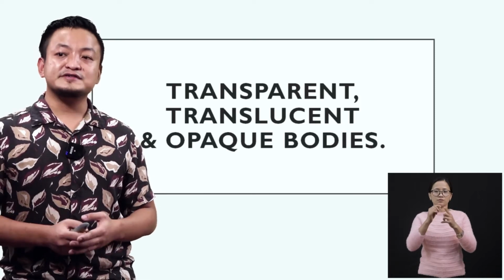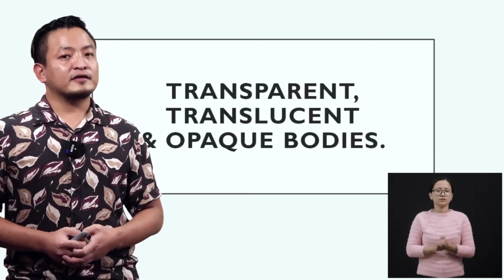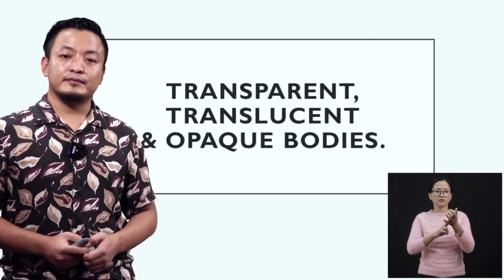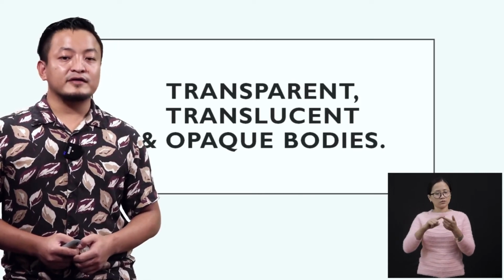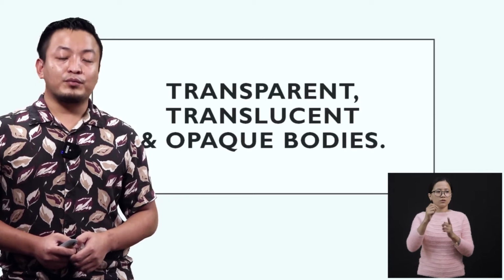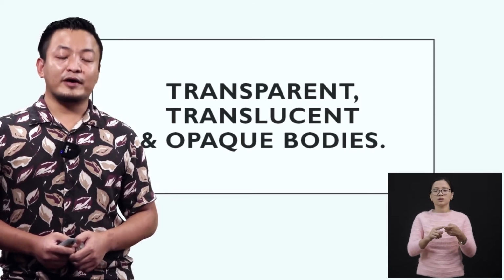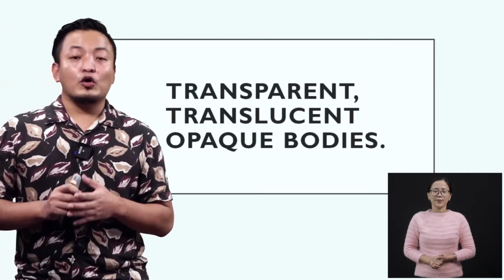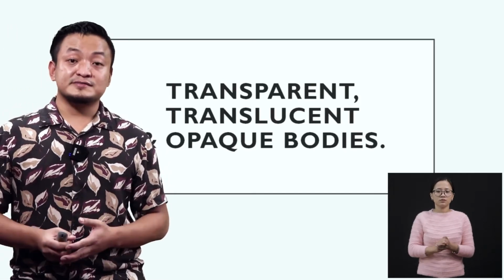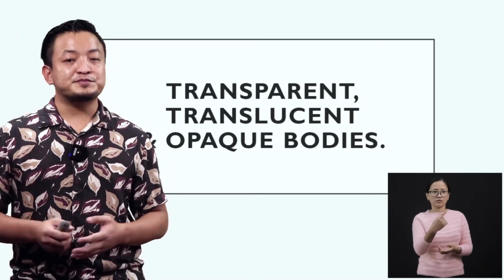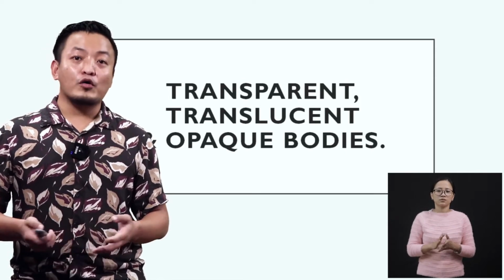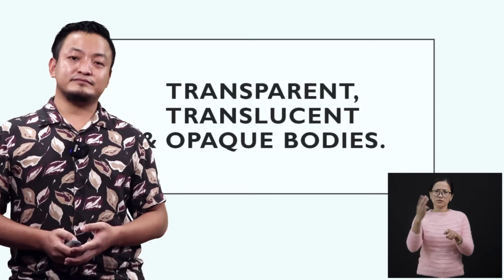The second one here is translucent. And the third is opaque bodies. Whatever object that is around us, it can be transparent, it can be translucent, or it can be opaque.